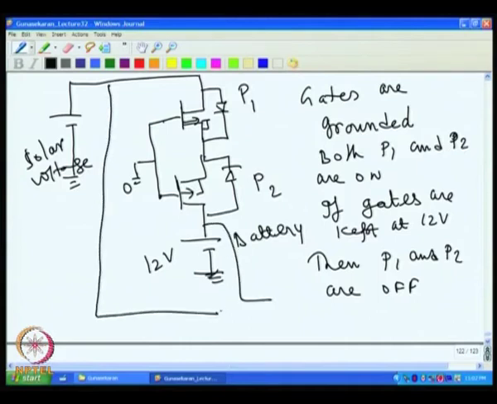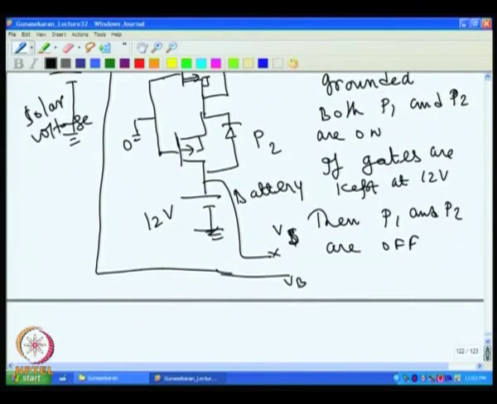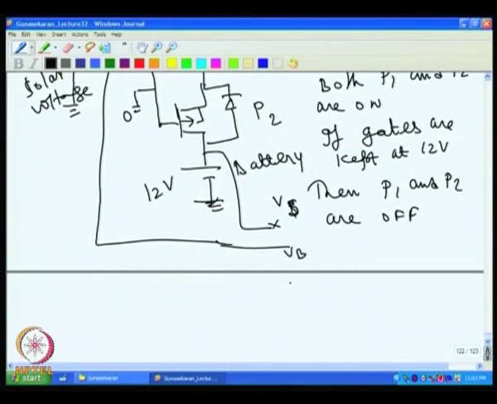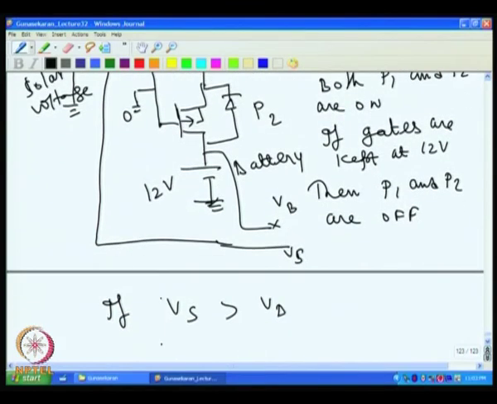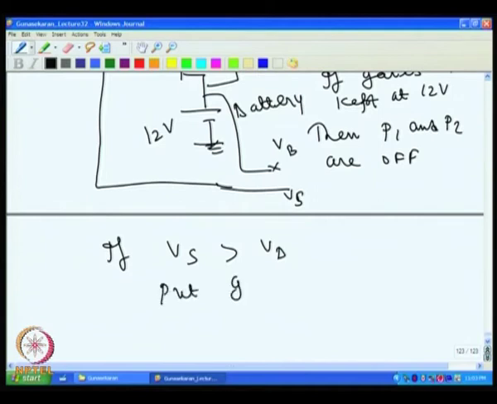So V solar and V battery, Vs and Vb, are sensed, and then if V solar is greater than Vb, keep the gates at 0, put the gates to 0.